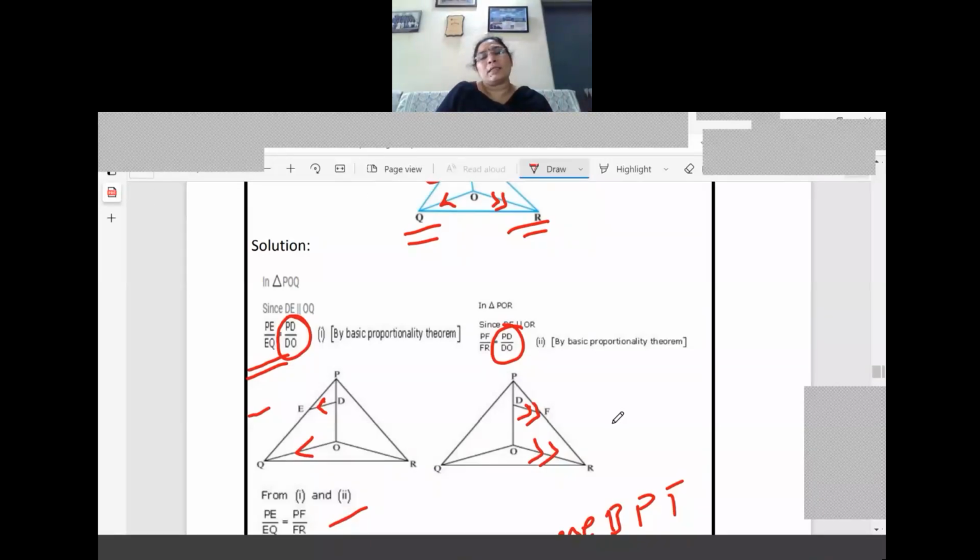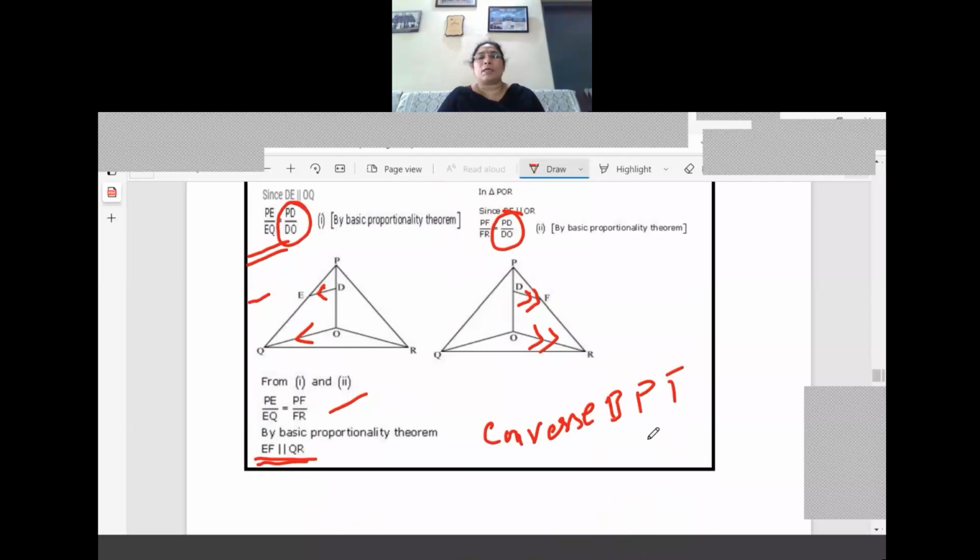And similarly, from the right side diagram we can write PF by FR equal to PD by DO. After that, both the right hand sides are equal, so the left hand sides are also equal. Therefore, PE by EQ equal to PF by FR. So EF parallel to QR by converse BPT.